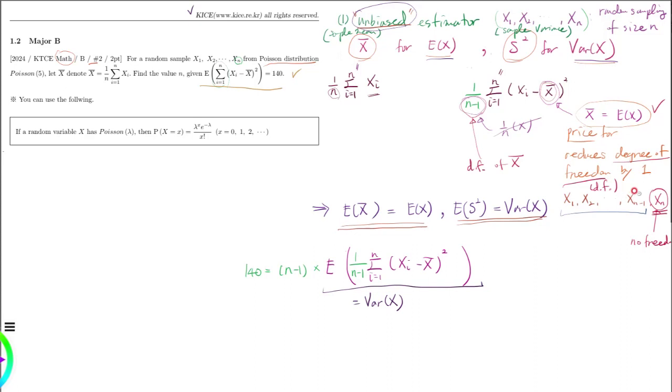Okay, and for the case of Poisson distribution, the population variance is lambda. In this case lambda is 5, because each sample is randomly drawn from the population which has a Poisson distribution with lambda 5.